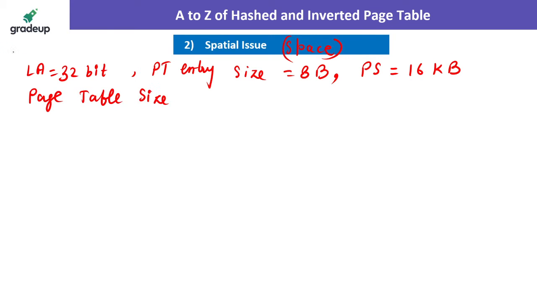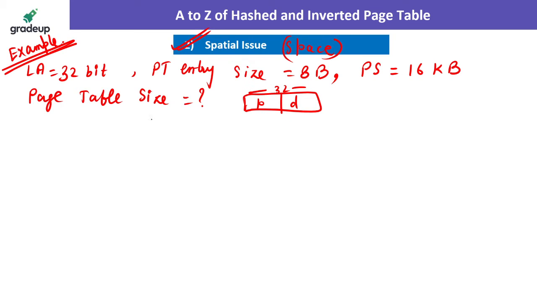This is the example for understanding the space issue. What is the page table size? Logical address is divided into P and D, the total is 32 bit, and the page table size formula is n into e.